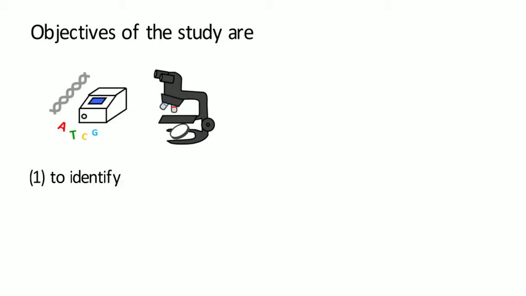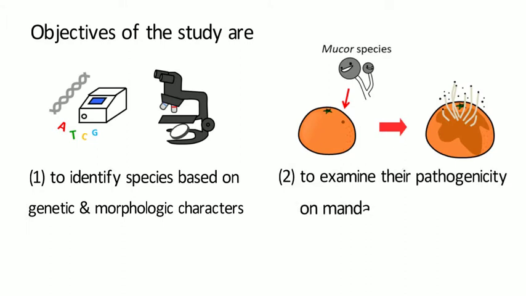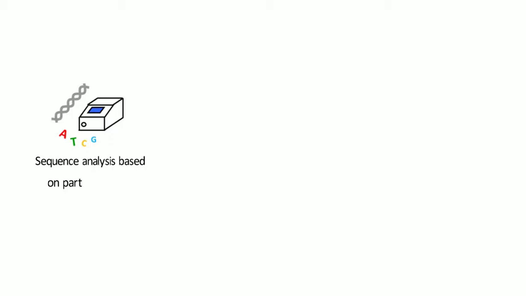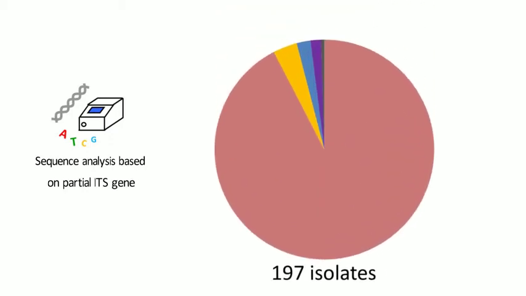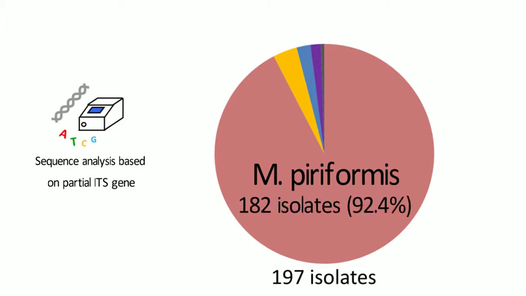Objectives of the study are, therefore, to identify Mucor species based on genetic and morphological characteristics, and to examine their pathogenicity on mandarin fruits. First, sequence analysis was conducted based on partial ITS gene. Of 197 isolates, the most prevalent species was Mucor piriformis, accounting for 92.4%.